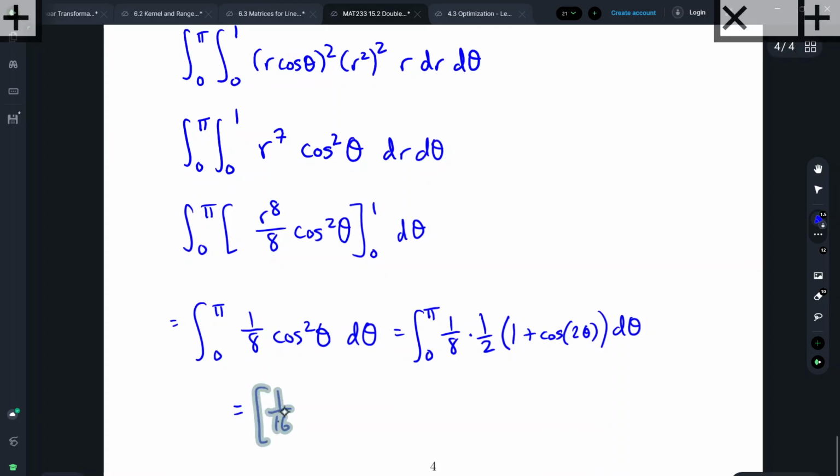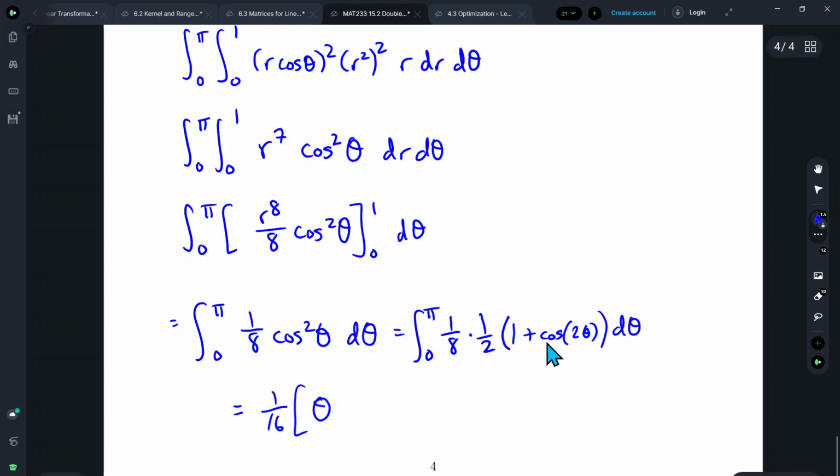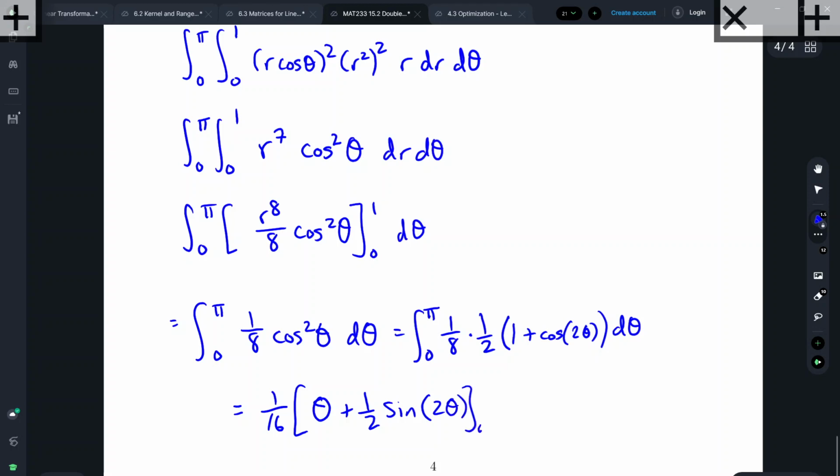Actually, let me pull the 1 over 16 out of the integral because it's just a constant multiple, right? And then okay, so now I have to take the antiderivative. The antiderivative of 1 is just the variable theta, and the antiderivative of cosine is sine. But I also have this 2 that comes out as 1/2. Okay, so that's the antiderivative, and this is going from 0 to pi.